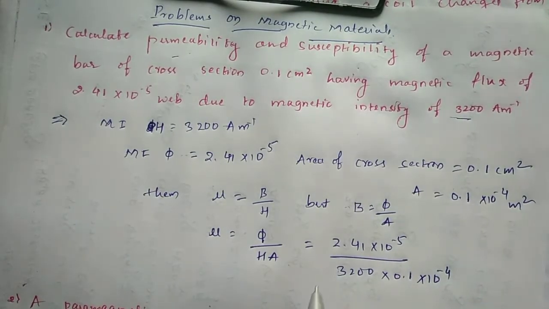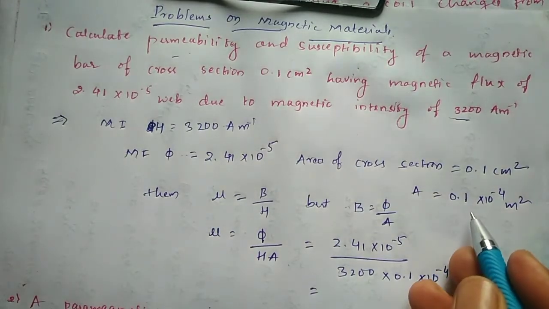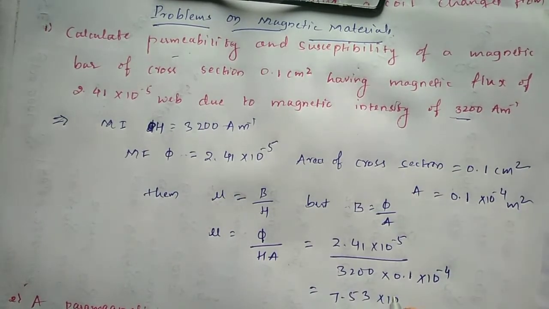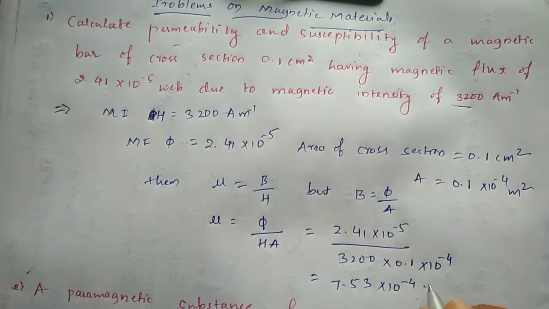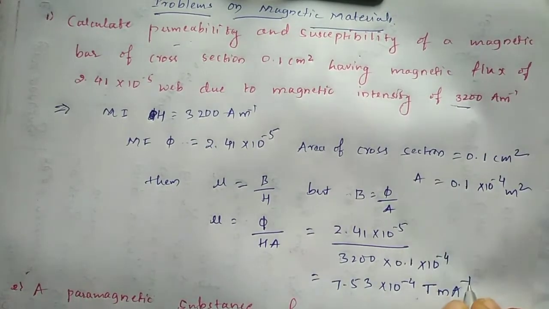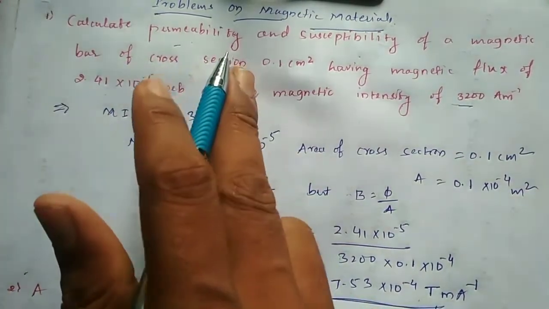If you calculate this, you will get 7.53 into 10 to the power minus 4. The SI unit is Tesla meter per ampere. This is the permeability.